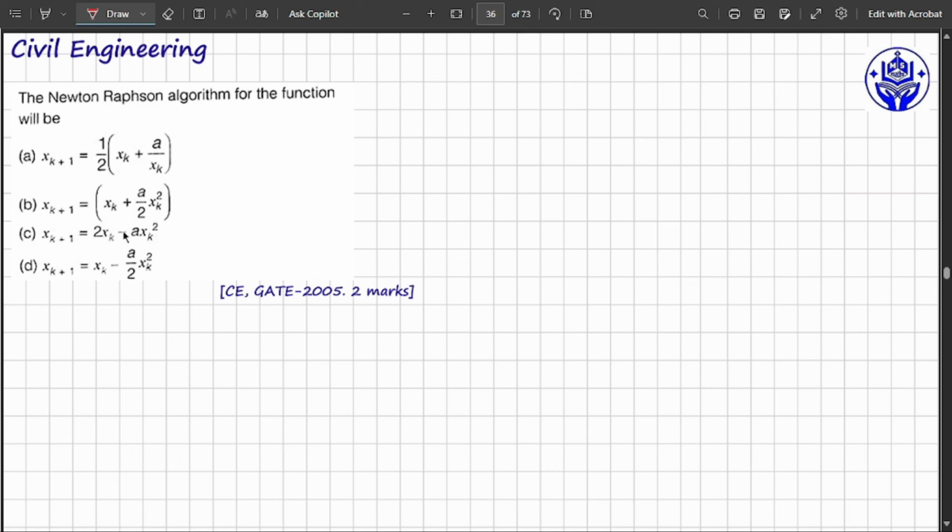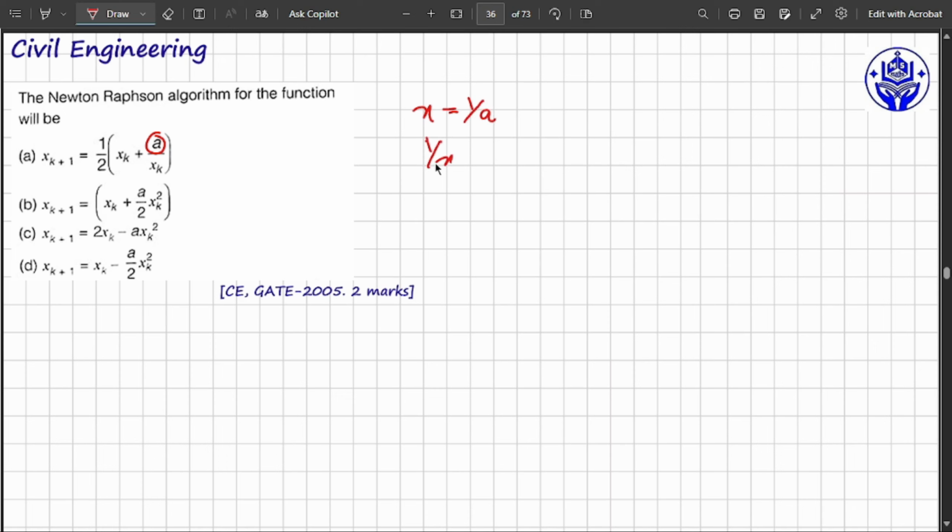Let's take the reciprocal of a. Here a is always in the numerator, so let's start with x equals 1 by a.